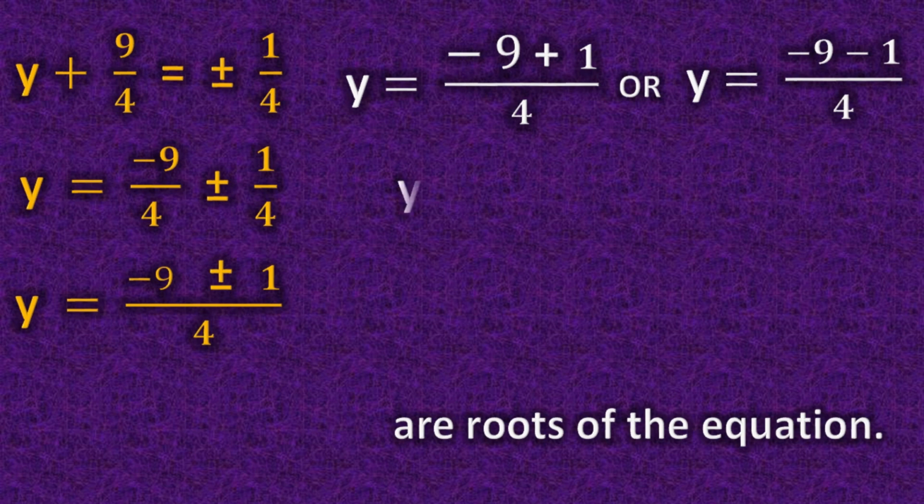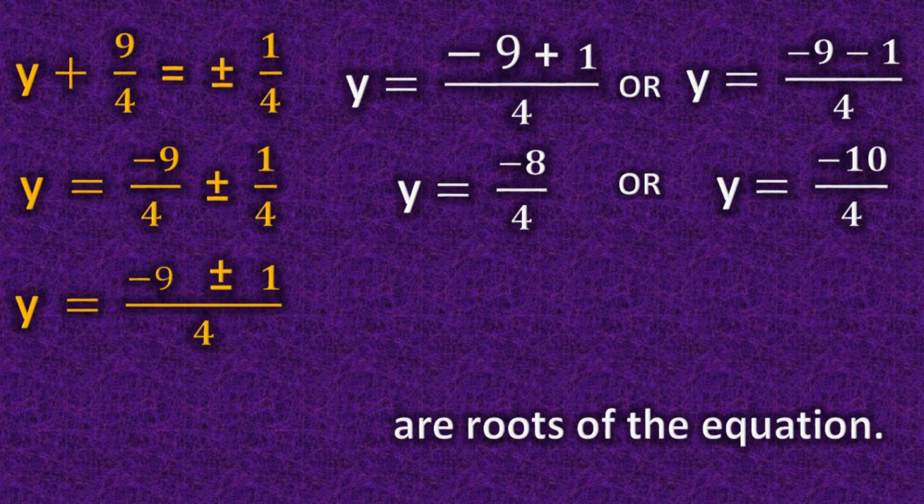Here the first answer is minus 9 plus 1, which is minus 8 upon 4. And on the other side, y is equal to minus 9 minus 1, which is minus 10 upon 4. Solving the first part, you will get minus 2, and in the second part you cancel by 2, you will get minus 5 upon 2.